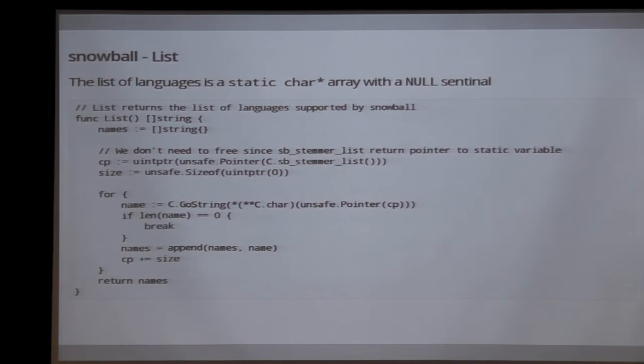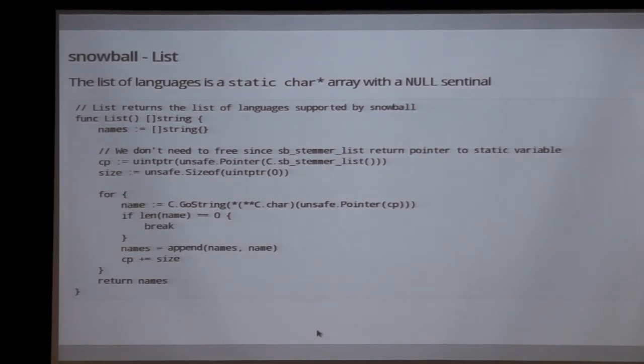Okay. Now where was it? Okay, so this one is list, which is a bad name. I should probably rename it to list languages or something like that. But this is the list of the languages that Snowball is supporting, and it's held in a static array in memory, and it's null terminating.